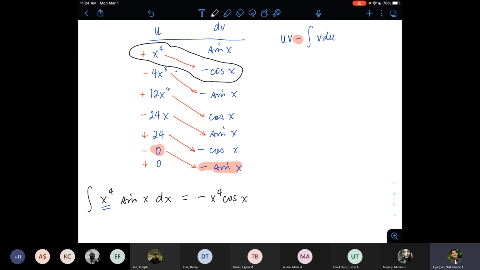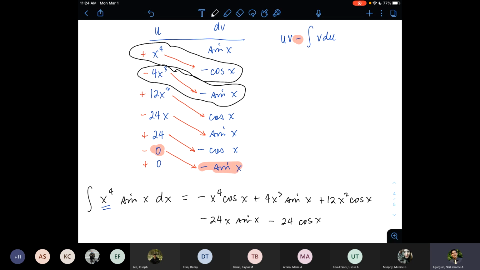And the next product will be this, plus 4x cubed sine x, and then plus 12x squared cosine x, and then minus 24x sine x, then minus 24 cosine x, and then plus 0. I'll just affix the arbitrary constant c over here. And so that's your final answer. And this is also what you'll get if you do integration by parts, I think 4 times.